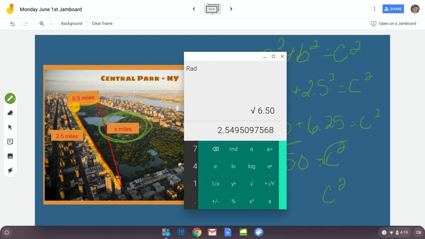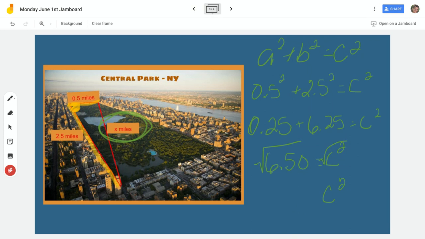I'm going to take it to the hundredths place, and I have to round up because you have 2.549. So it'll be 2.55 because that 9 makes the 4 round up. And so that would be in miles. And that's going to give us the answer for c. I'm sorry about the square down there.